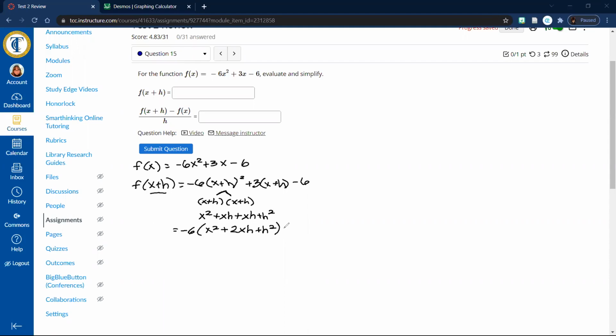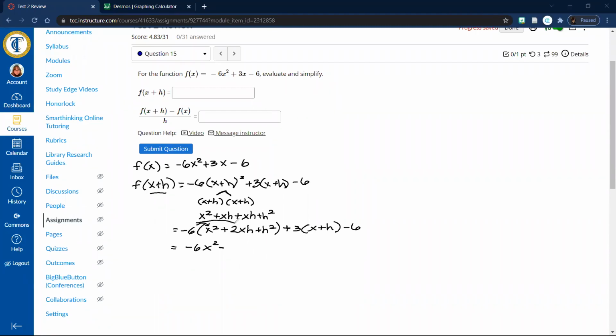If you can remember this, then that's awesome. But if you can't, it's okay. You can work it out, and showing our work is sometimes really good anyway, just to show that we really know something and aren't making mistakes. So what else can we do now that we've foiled that out? Now distribute. We got negative 6 x squared, then negative 6 times 2xh.